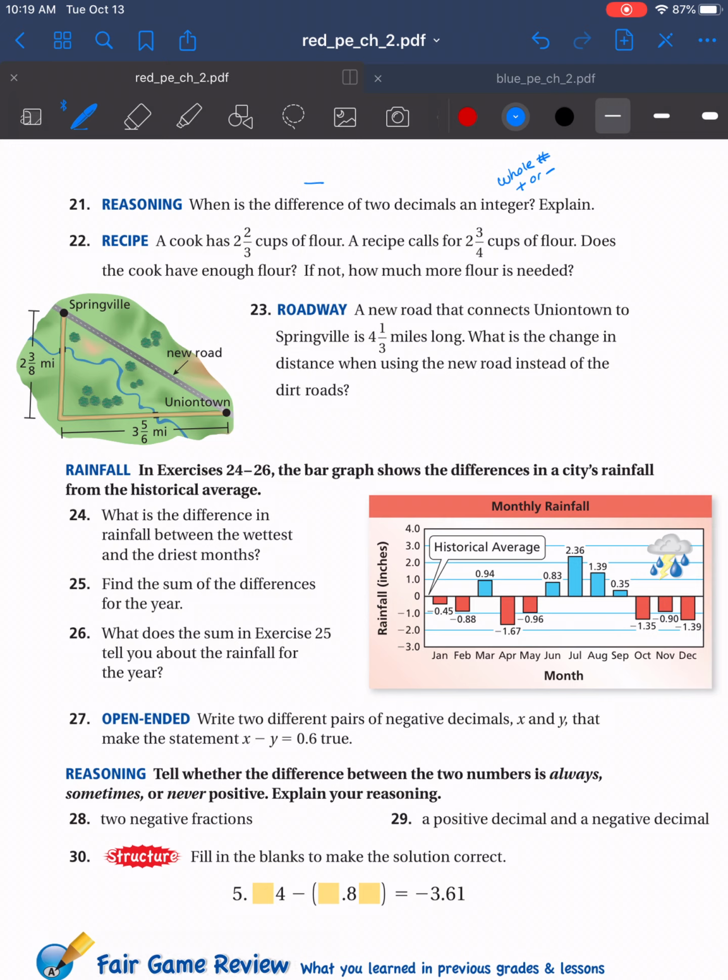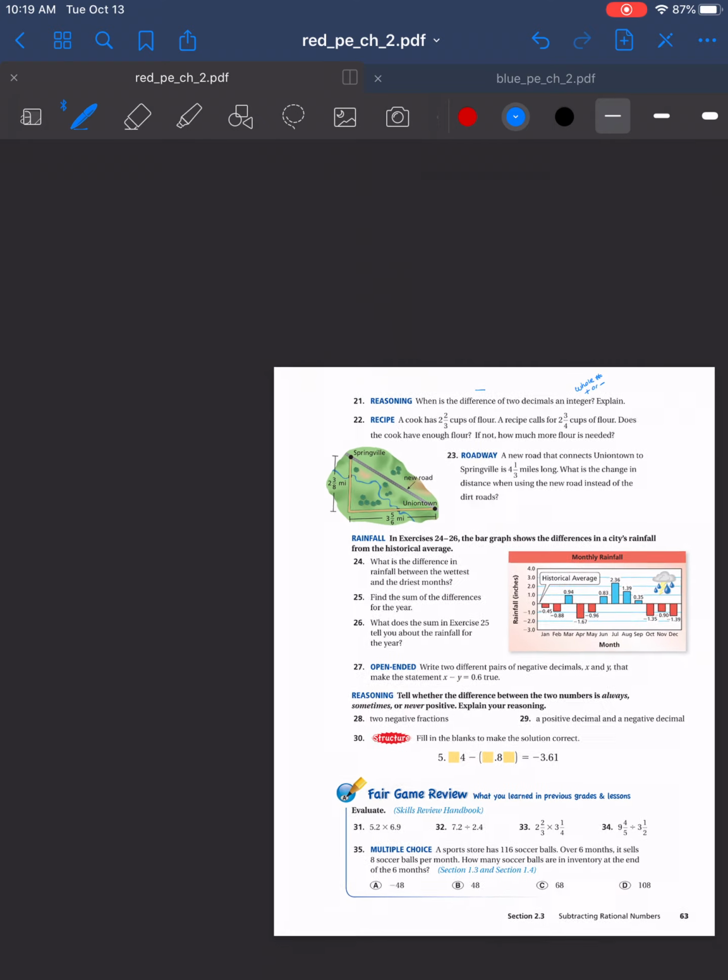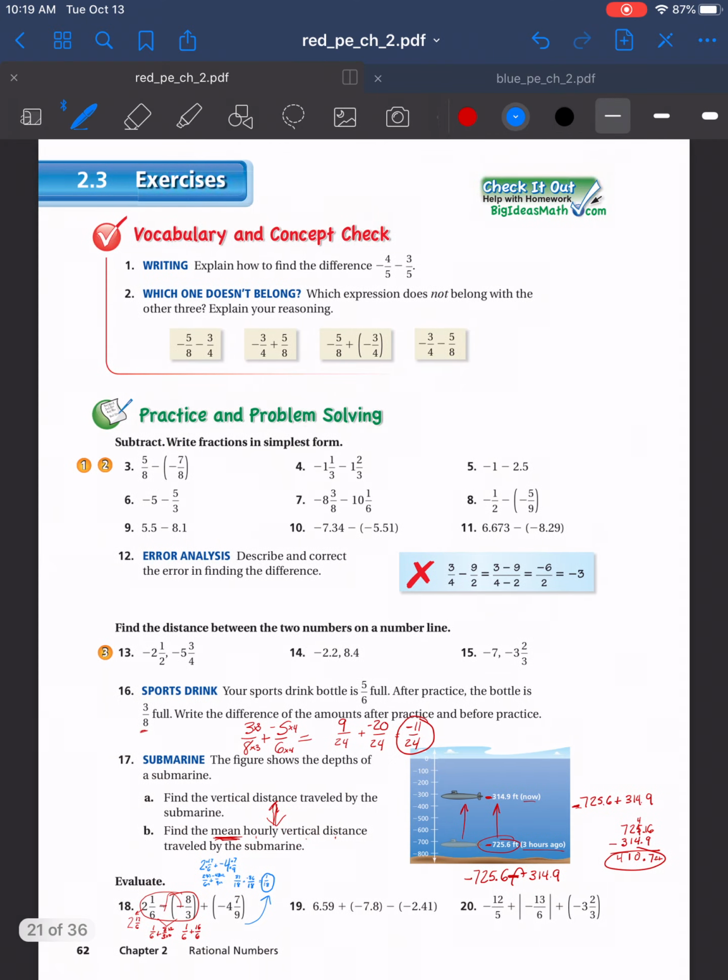You do not need to scan this, okay? I know that in the sub notes I said that students need to scan this, but you do not need to scan it because I will be back Monday when this assignment is due to be able to check it, okay? So make sure at the top of your homework you write 2.3, and then you write down the page numbers, page number 62.